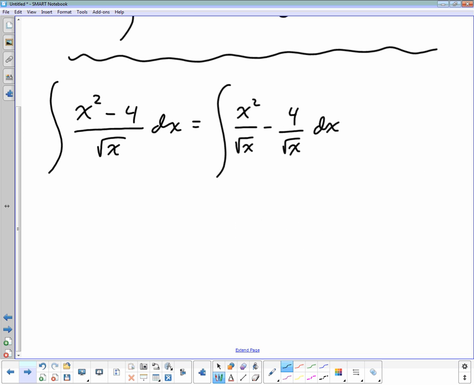Because now, instead of walking up to that function and saying, hey, you're a division, now you walk up to it and say, hey, you're an addition. You've kind of turned the outer wrapper from a division into a subtraction.